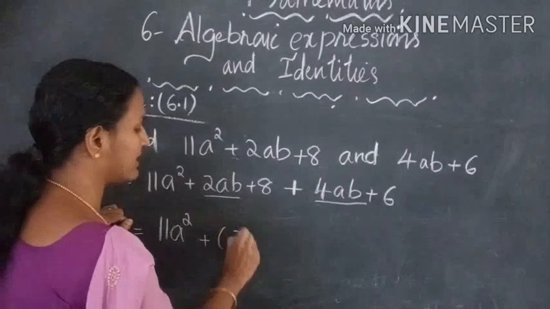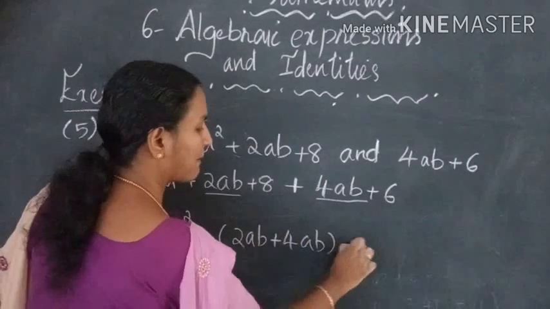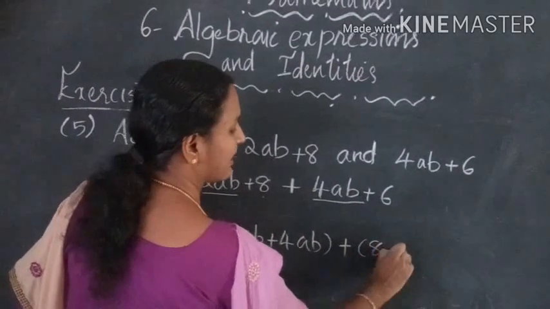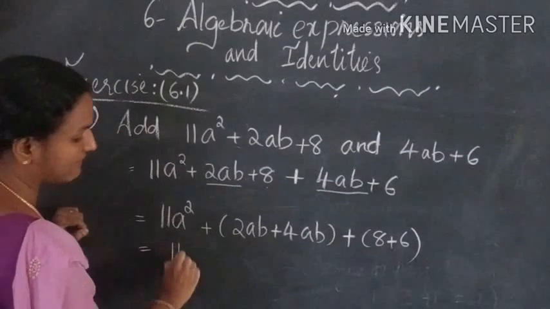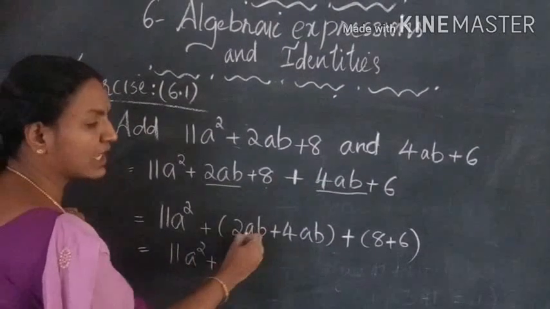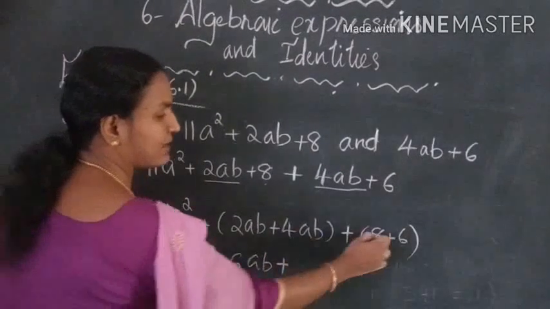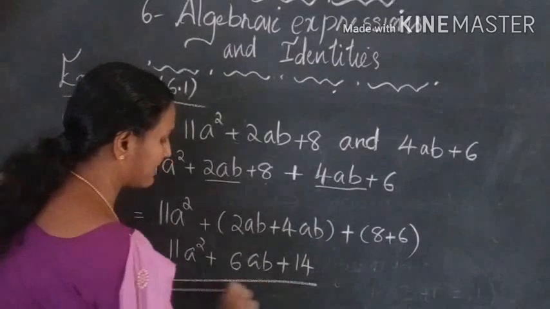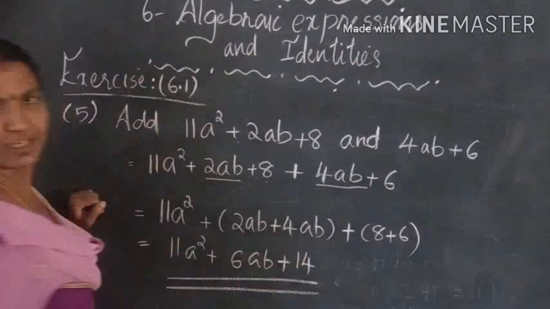So add together 2ab plus 4ab, plus the constant terms 8 and 6. 2ab plus 4ab is 6ab, and 8 plus 6 is 14. So the answer is 11a square plus 6ab plus 14.